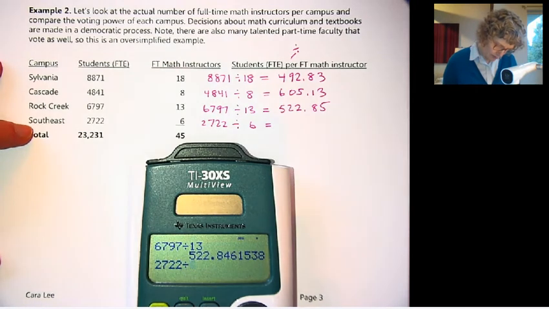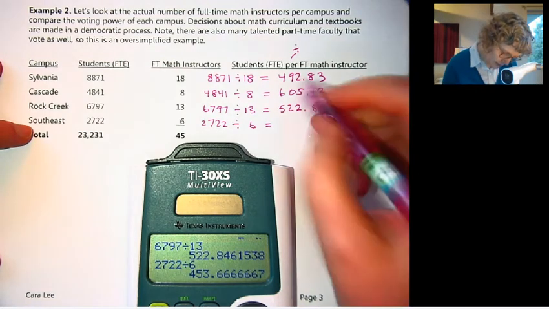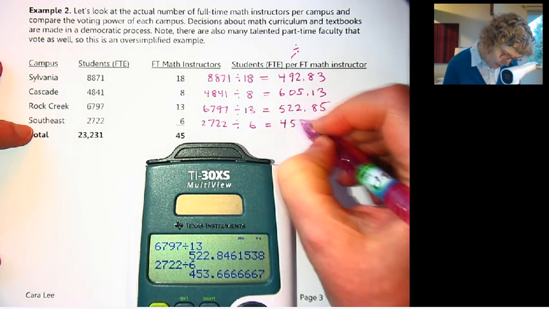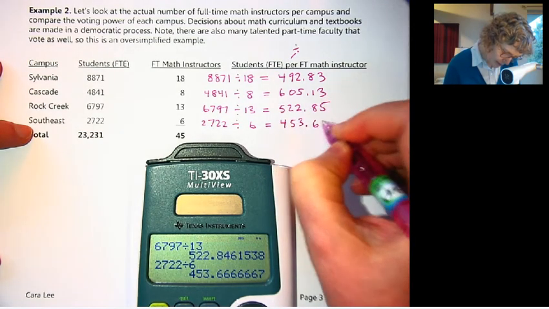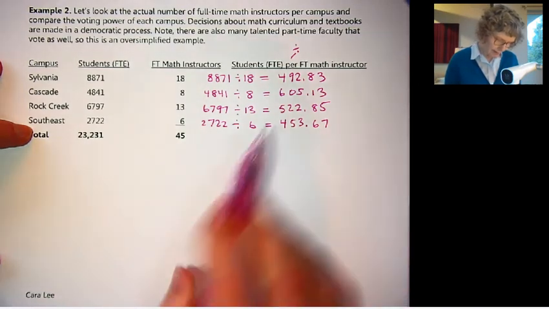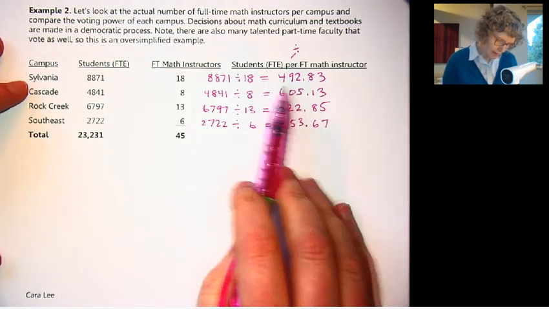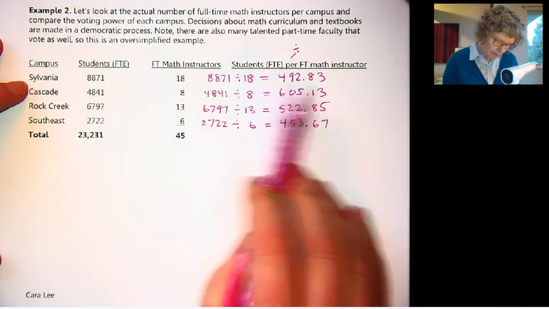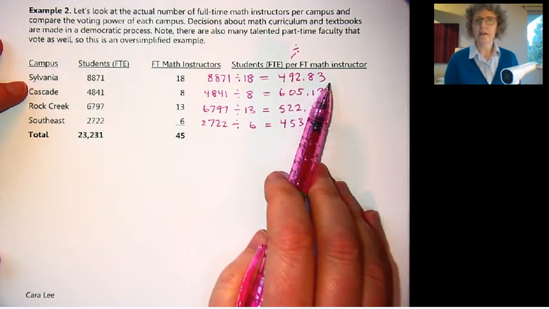Southeast, 2722 divided by 6, 453.67, 2/3.